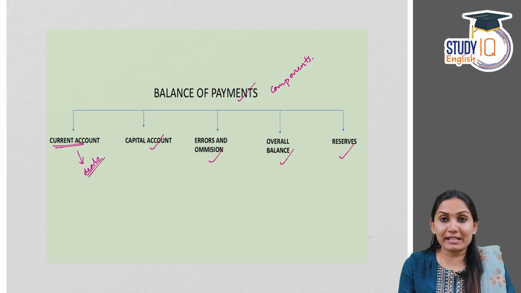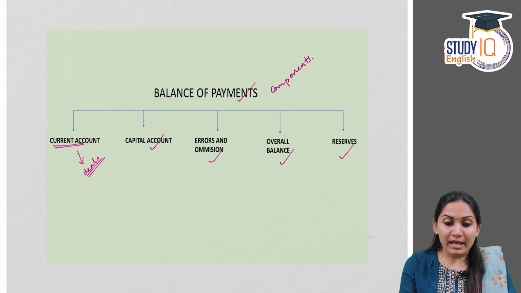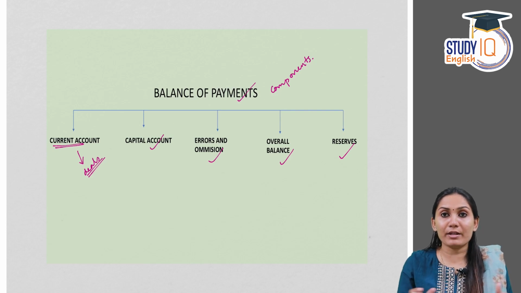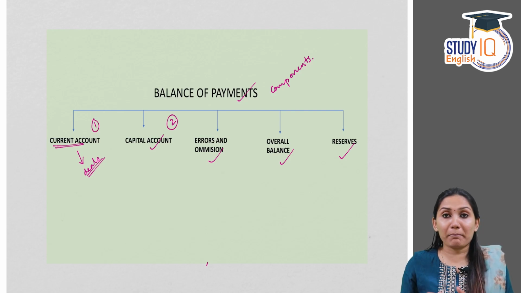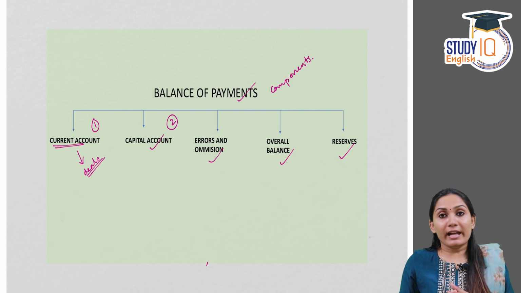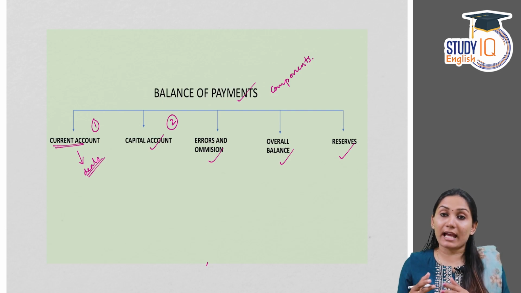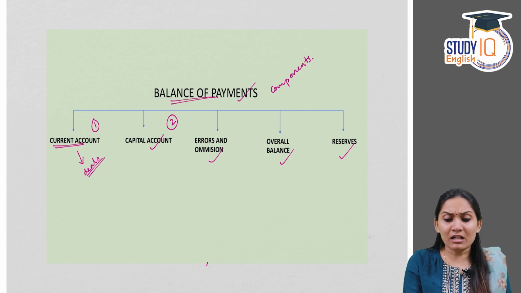These are the 5 major components of a balance of payments, and within these, the most important ones being the current account and the capital account. Apart from these, errors and omission, overall balance, and then reserves are also very, very important. So these are the components of a balance of payment.